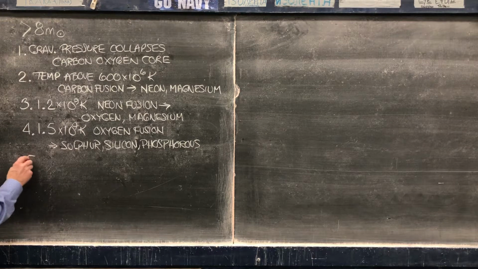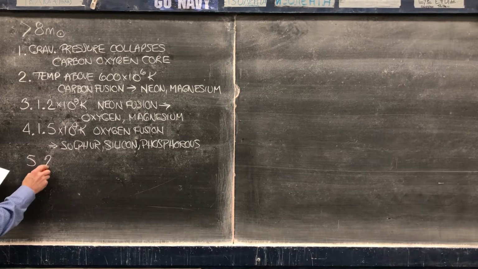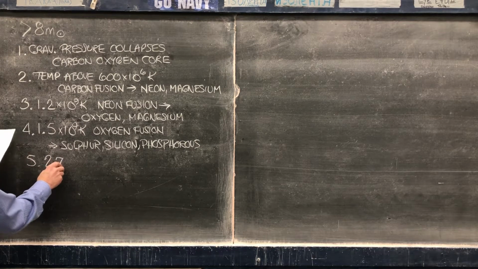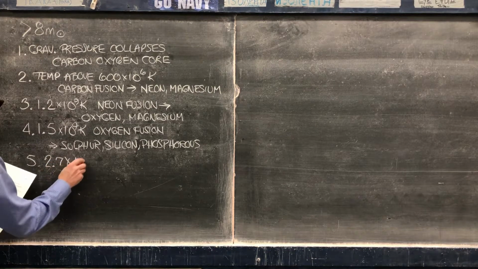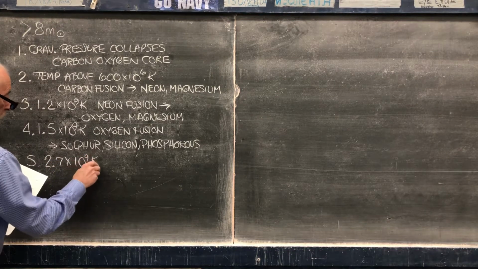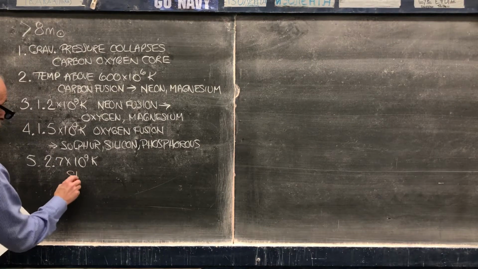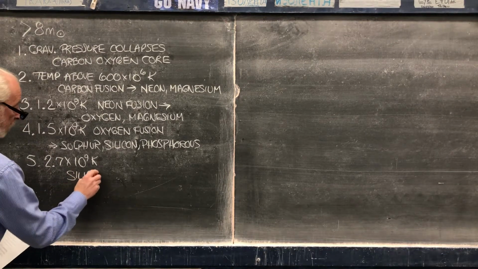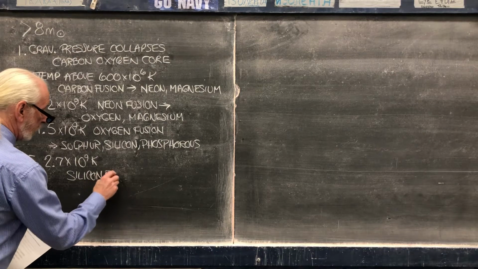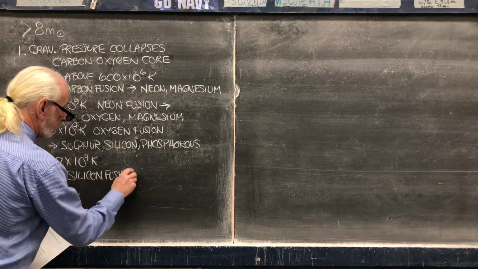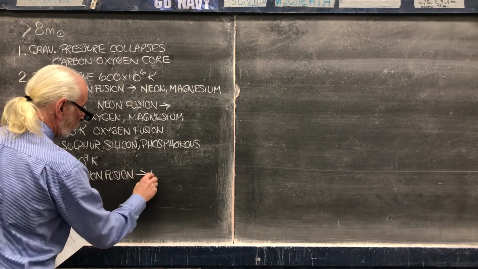It continues on. We get to 2.7 billion kelvins. We get silicon fusion. And the product of silicon fusion is iron.